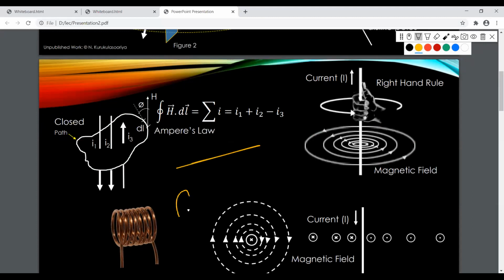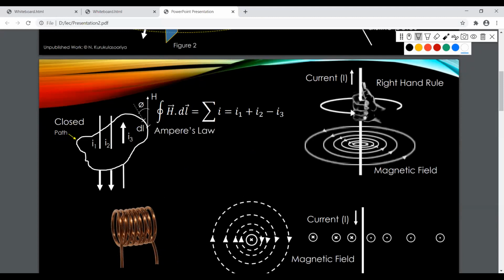So what would happen when you make a coil with that? That's what you see here. This is a copper coil, and if you give electromotive force, there would be a current through this coil. In this case, it would give rise to a magnetic field.